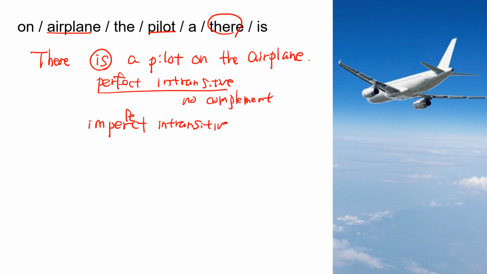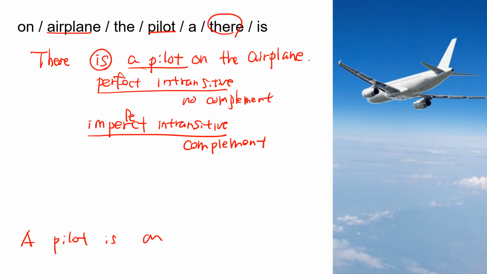Intransitive means you don't need an object, but this one needs a complement. If you look at the sentence, a pilot. So this one can be a pilot. So let me put this here: a pilot is on the airplane.